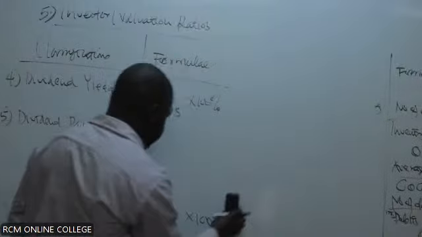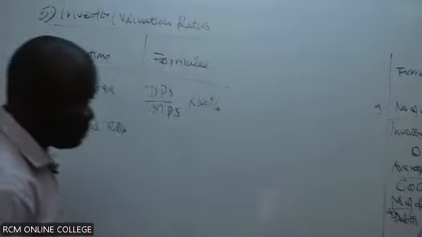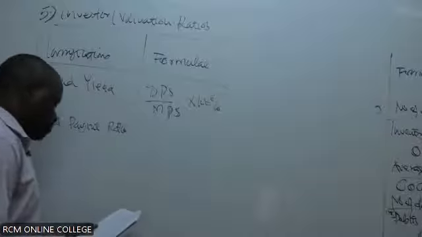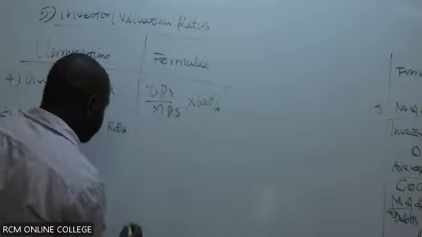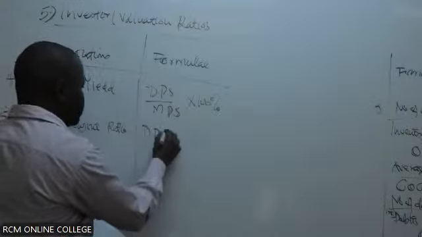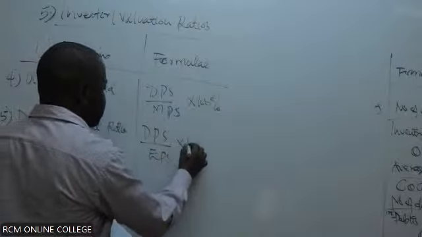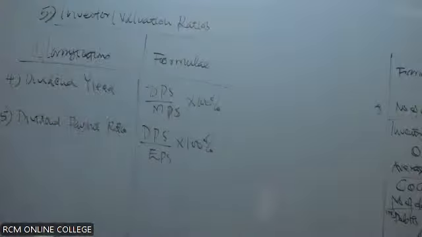It is DPS over EPS, or earnings per share, multiplied by 100%. So you take dividends per share, you divide by earnings per share, and you multiply by 100%.